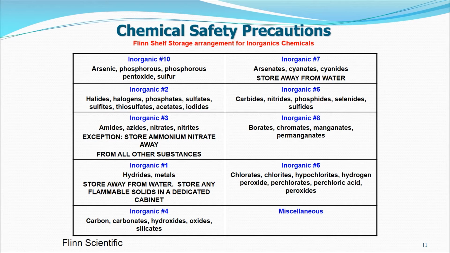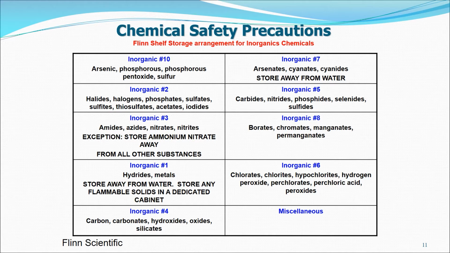Going down to the third shelf, you would label it inorganic number 3 items: amides, azides, nitrates, except ammonium nitrate, and nitrites. And on the shelf, you would store your amides, azides, nitrates, except ammonium nitrate, and nitrites, and so on for the remaining shelves.